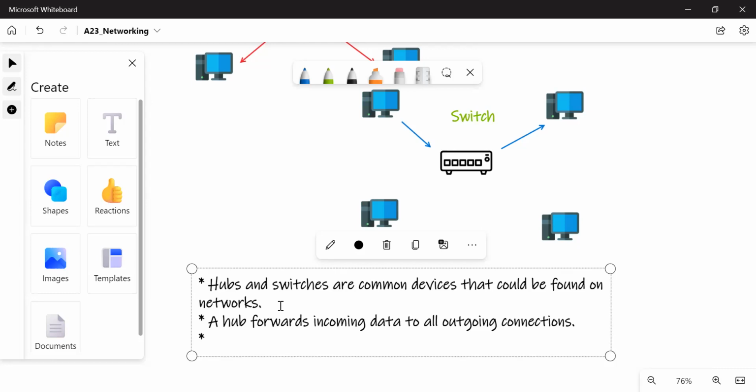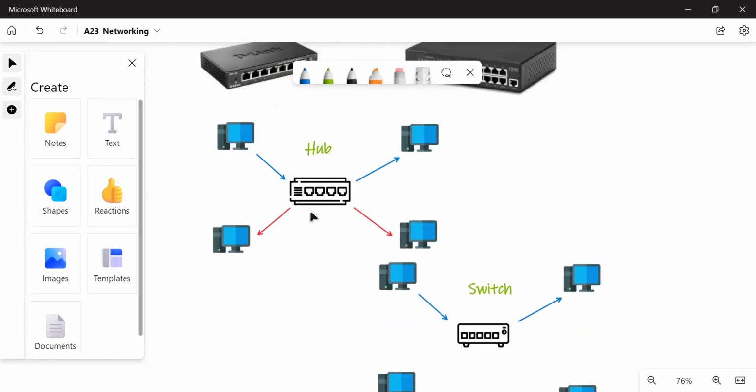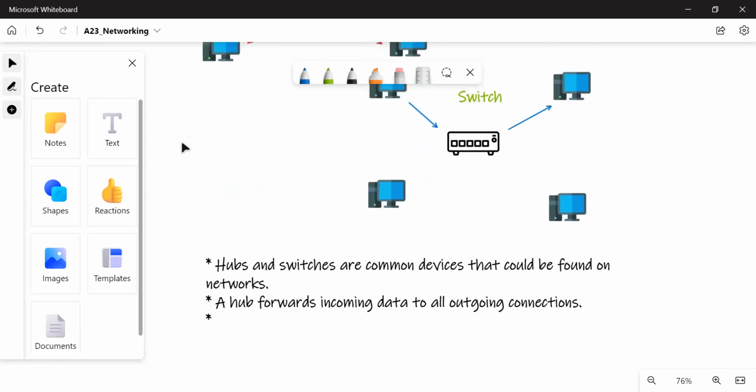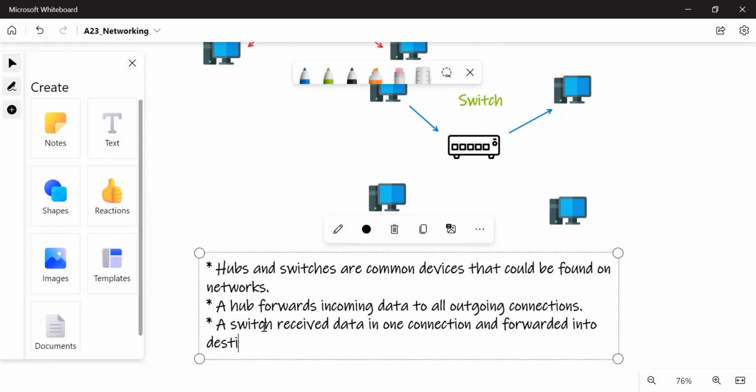So you see what has happened here, right? If you go back, hub, any incoming, sends it to all the others, right? That's what it means. Next, a switch receives data in one connection and forwards it to the destination.